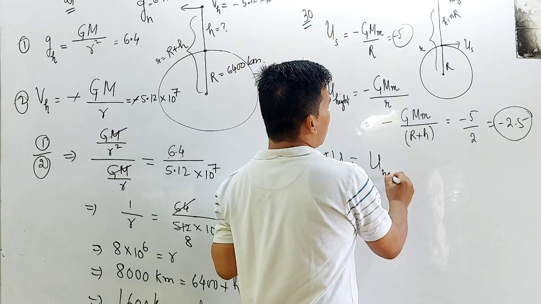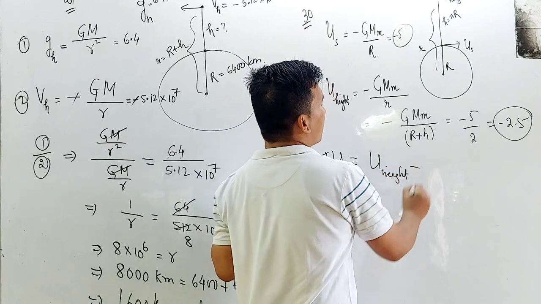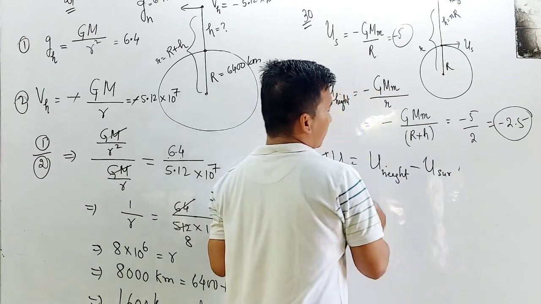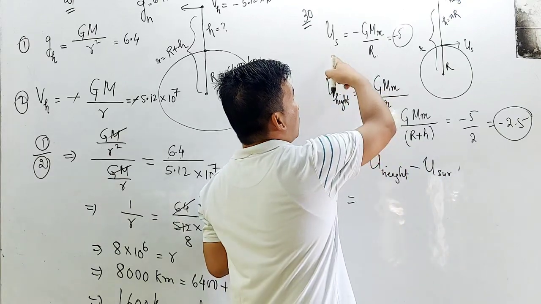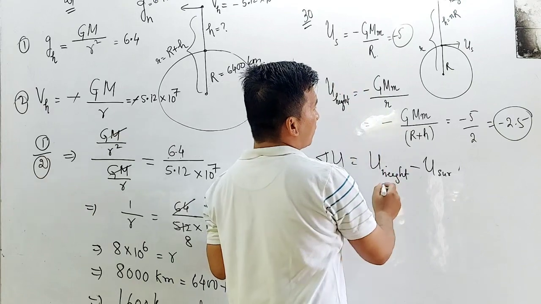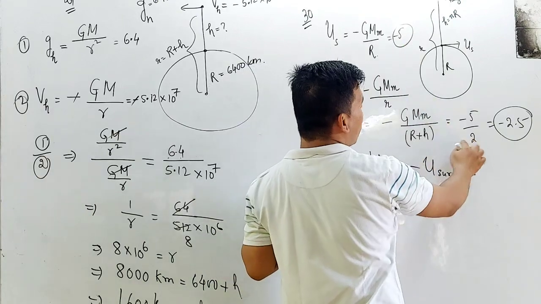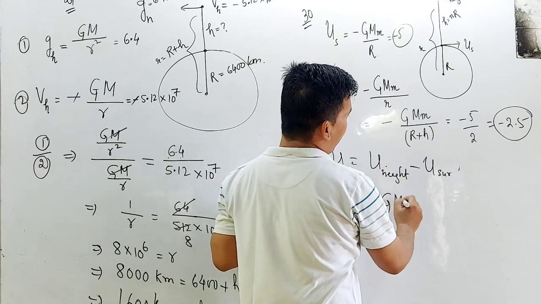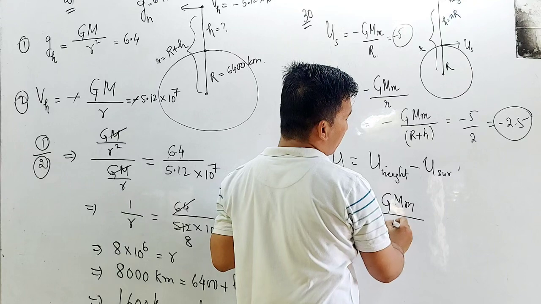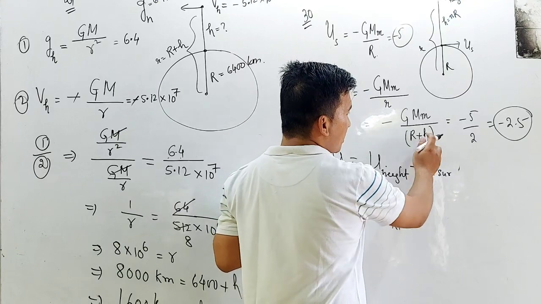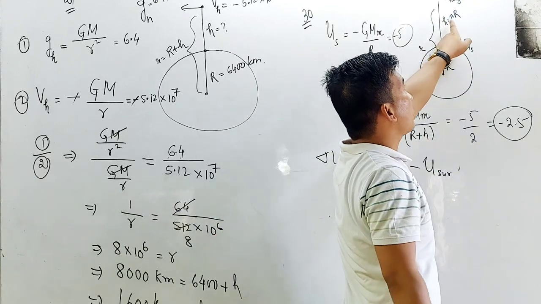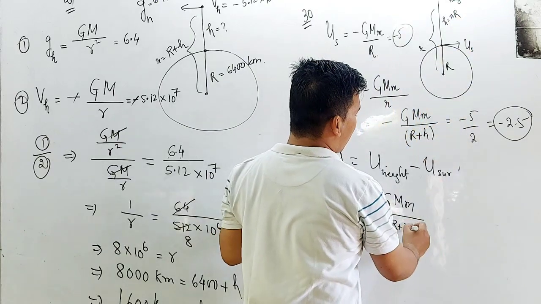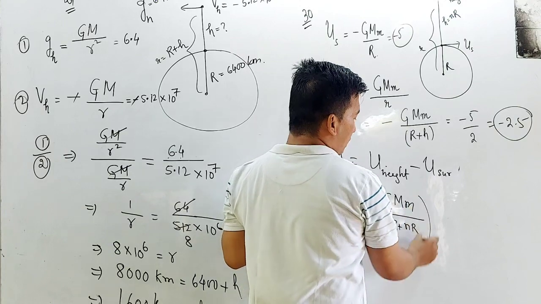Here U at height will be U height minus U surface. U at height is minus capital G capital M small m divided by R plus R divided by n, where the height is given as R by n.